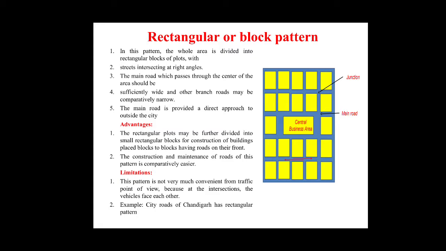If you observe the figure, as in India we follow left hand drive, if a vehicle moves on a street which intersects perpendicularly, then the vehicles moving on both the roads intersect each other on the same lane. Hence it creates a possibility of an accident. The example of this rectangular or block pattern is the city roads of Chandigarh.